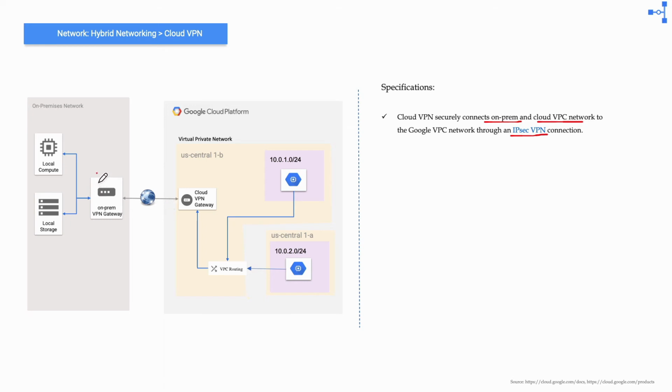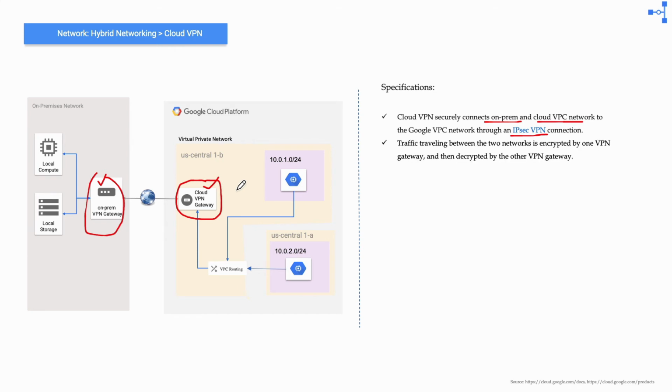So on the on-prem side, you have the on-prem VPN gateway. On the cloud side, you have the cloud VPN gateway. On the one side, this encrypts, this one decrypts the data. Traffic between the two networks is, as I said, encrypted by one VPN gateway and then decrypted at the other VPN gateway.